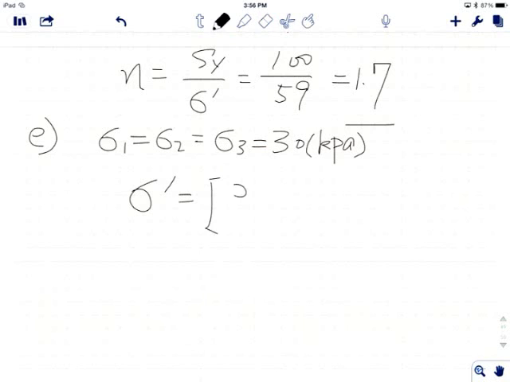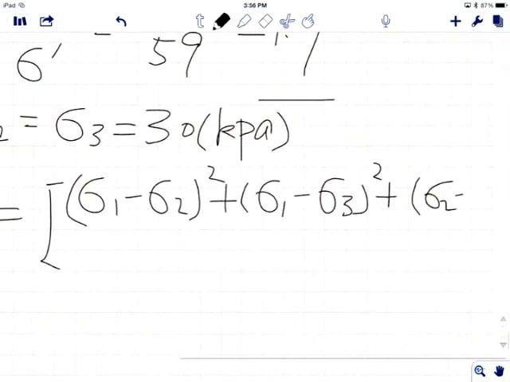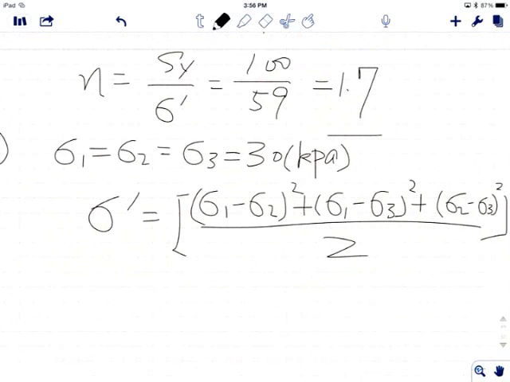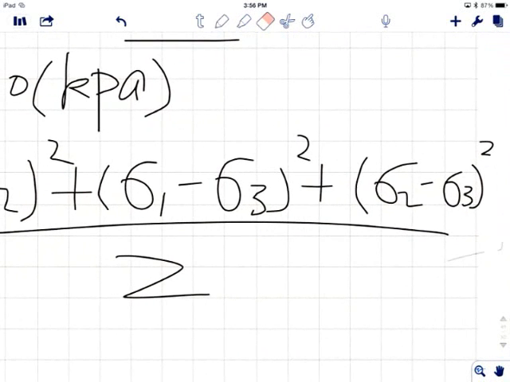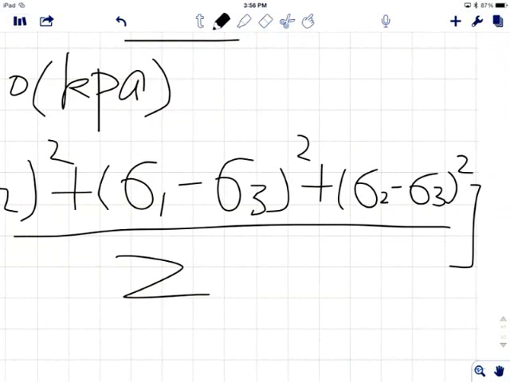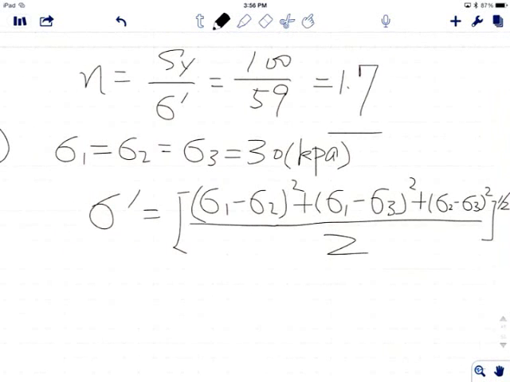Now, once you have that, remember the von Mises stress calculation? By definition, if it's 3-dimensional, it is equal to that. So if sigma 1, 2 and 3 are the same, then that's a hydrostatic loading, right?